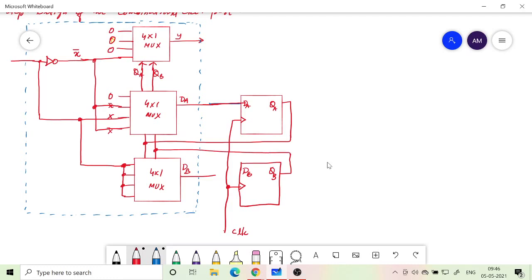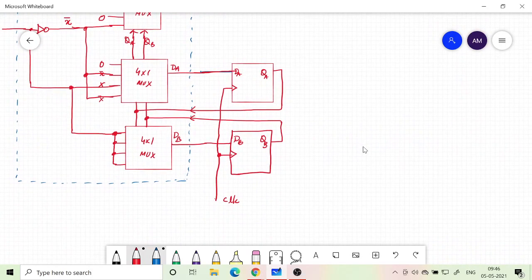These are inputs to the combinational circuit, and this is the output of the combinational circuit. So now I can represent the storage element also in a block.